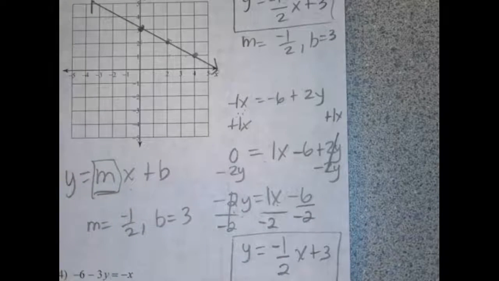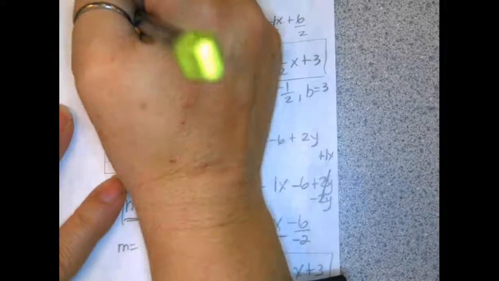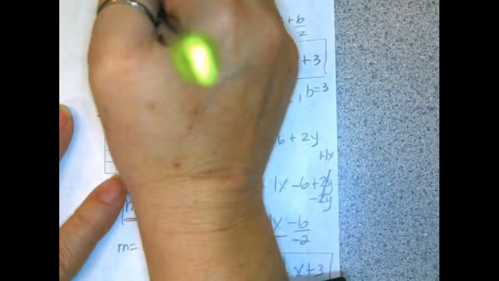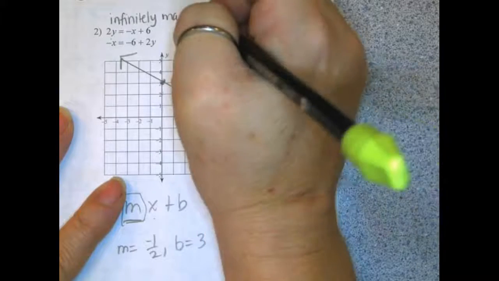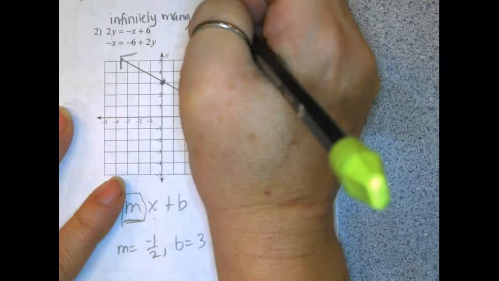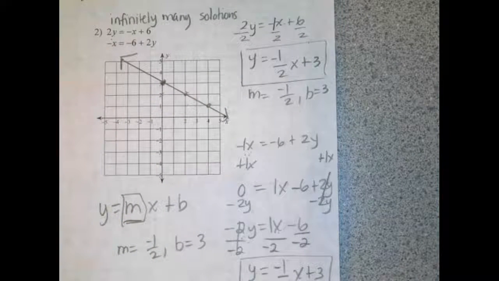That tells me that the lines of both of these equations are very special in that they create infinitely many solutions.